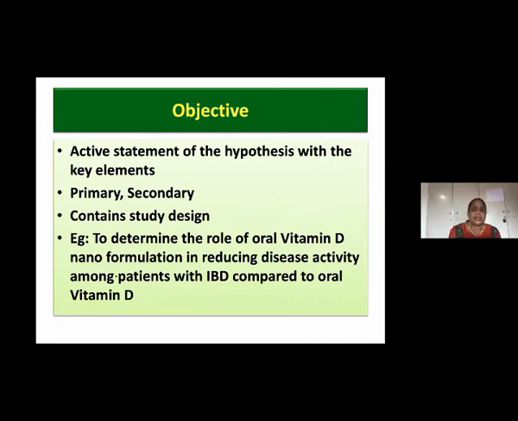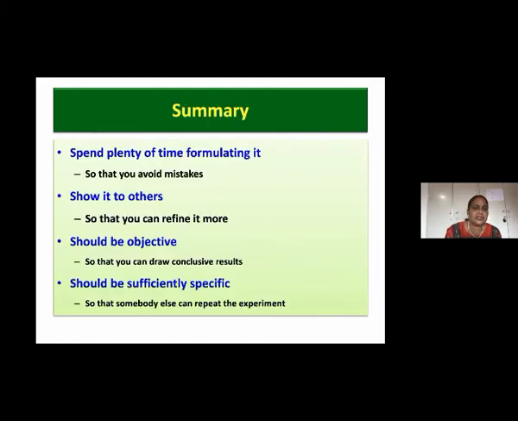Example, we did a study to determine the role of oral vitamin D nano formulation in reducing disease activity among patients with IBD compared to oral vitamin D. So this is the title of the study, which contains the intervention. It contains the comparison. It tells you what patients it is, and with what outcome, which is to reduce disease activity. So this is how we write an objective of a study.